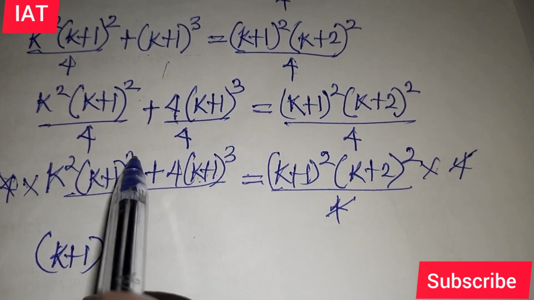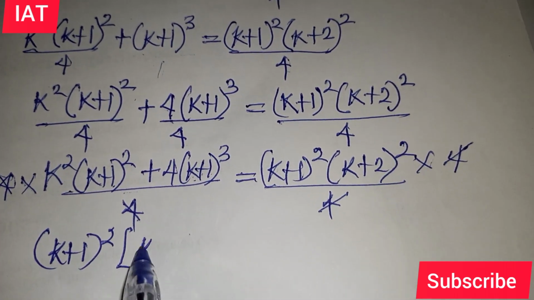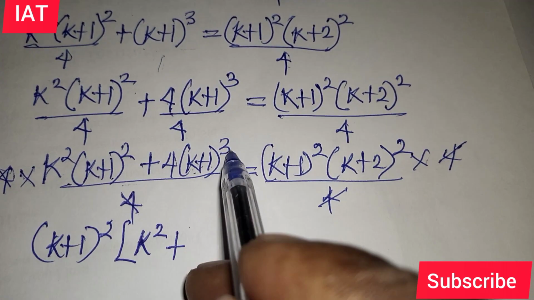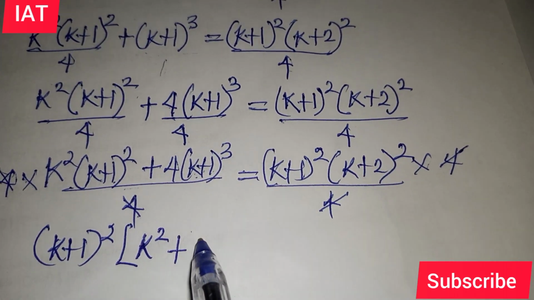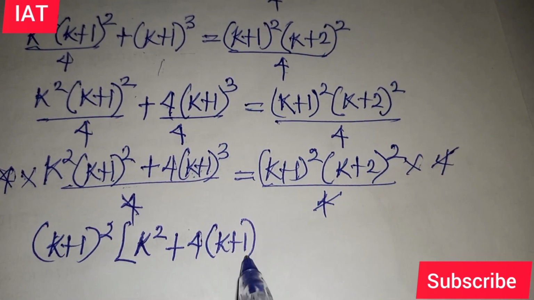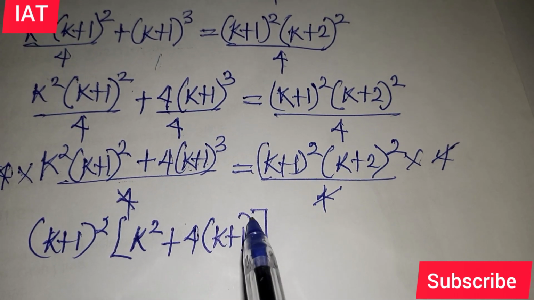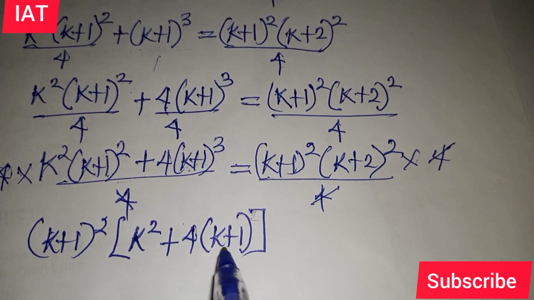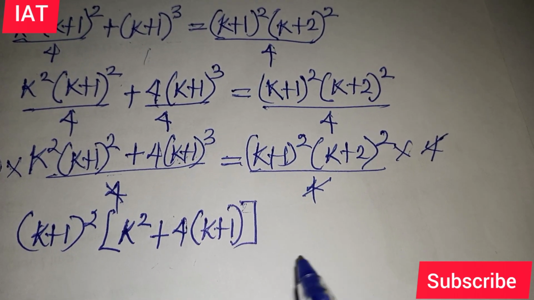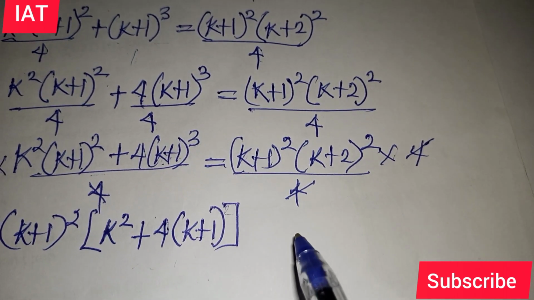If I pull out this (k plus 1) all squared, what will remain here will be k squared, plus, if I pull out the (k plus 1) squared here, what will remain is 4 into (k plus 1). All right, so that's what will remain here, because if I remove the square here, it means (k plus 1) times (k plus 1) times (k plus 1). So I just remove the 2, 1 will be left. I hope that is clear.